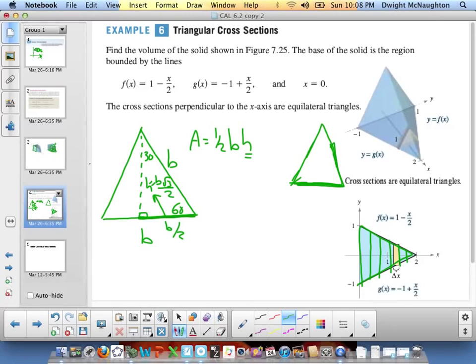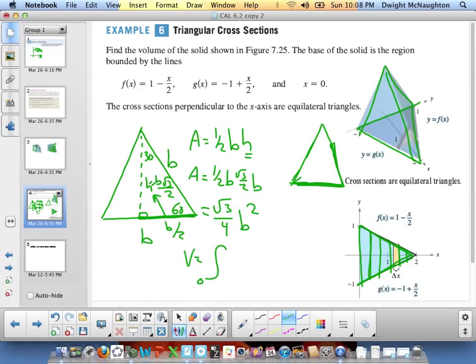We substitute that in. Our area of an equilateral triangle is 1/2 the base times the square root of 3 over 2 times the base, which will clean up to be square root of 3 over 4 times the base squared. So as we're building this shape over here with our equilateral triangles on this base, we're going to integrate.